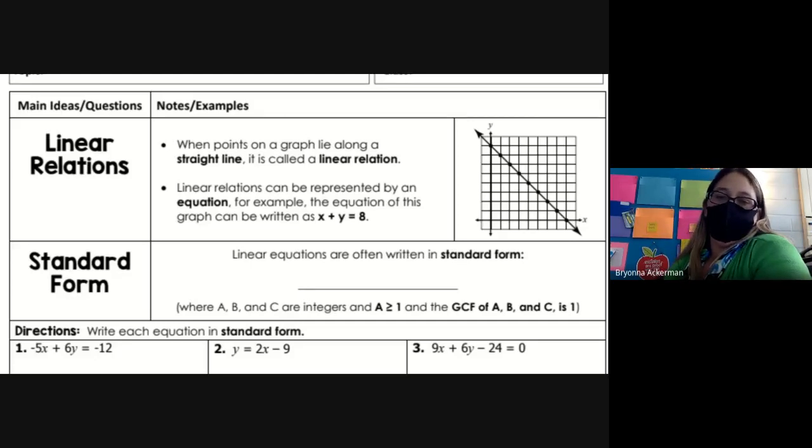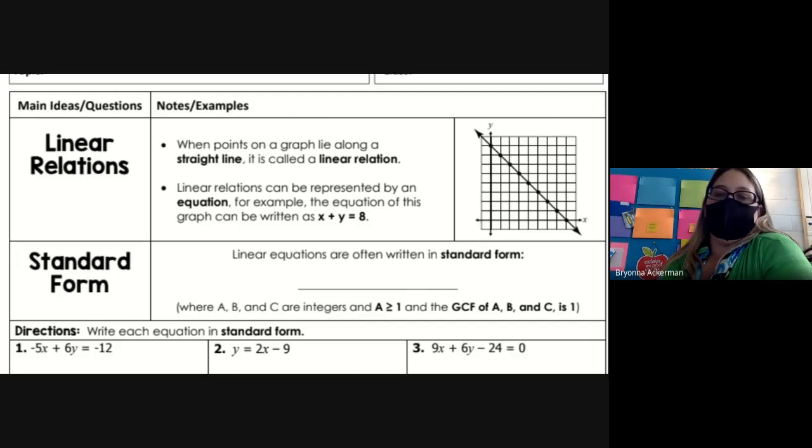So standard form is when you have your x's and your y's on the same side, but then there's a catch, okay? A, which is the number in front of x, has to be greater than or equal to 1. So it cannot be a fraction, and it cannot be a negative. So if it comes out that way, you've got to tweak it a little. That's where it gets tricky, okay?